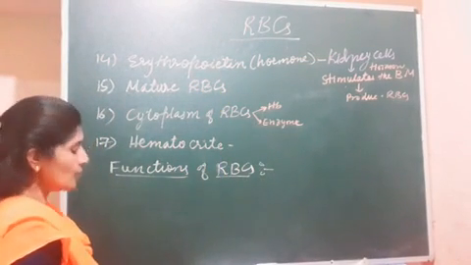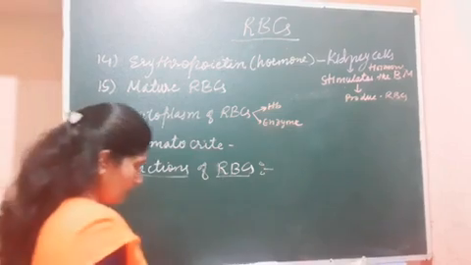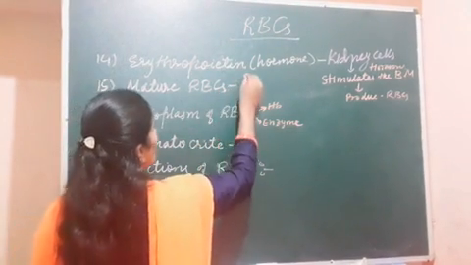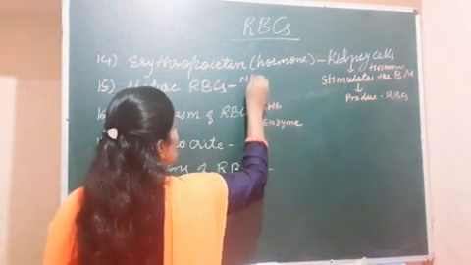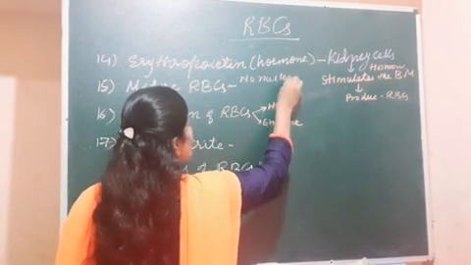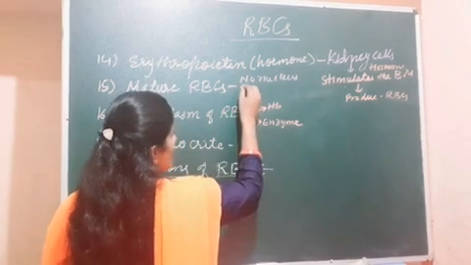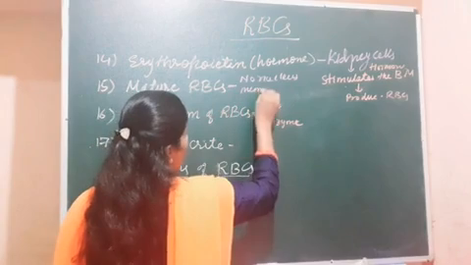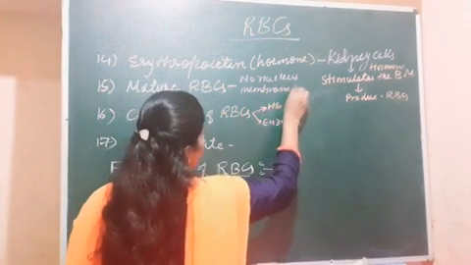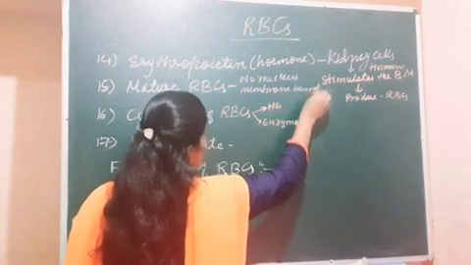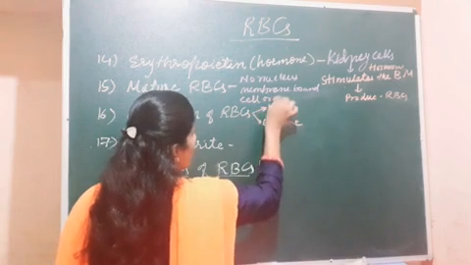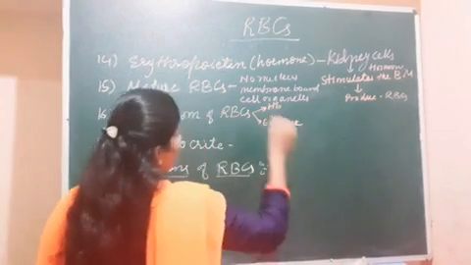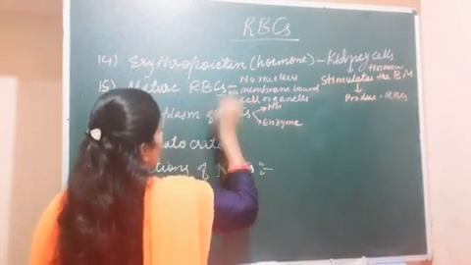Next, mature RBCs. The mature RBCs do not have a nucleus. No membrane bound cell organelles are present.